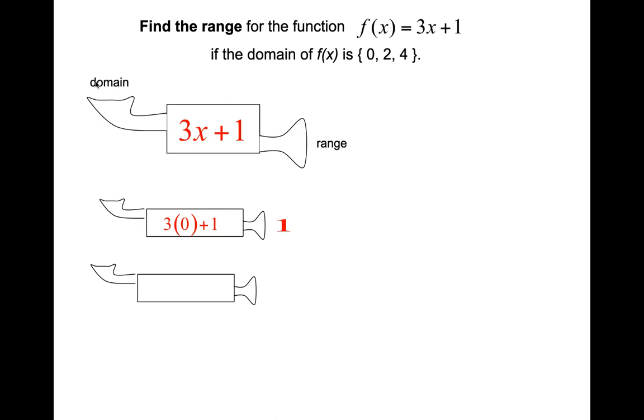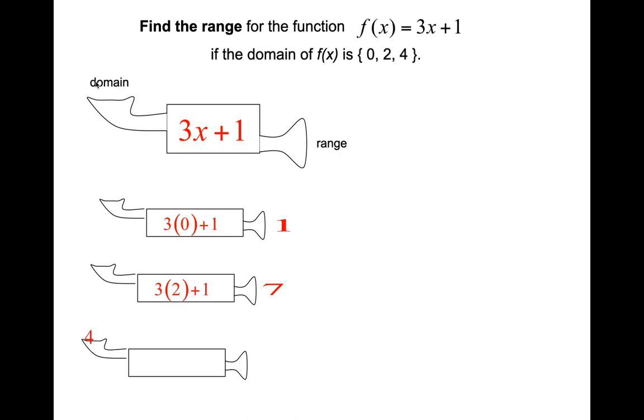Let's try the value 2. So our domain is 2. I'm going to plug that into the function rule. So 3 times 2 is 6, plus 1 comes out as 7. So if I input 2, I output 7. And lastly, 4.